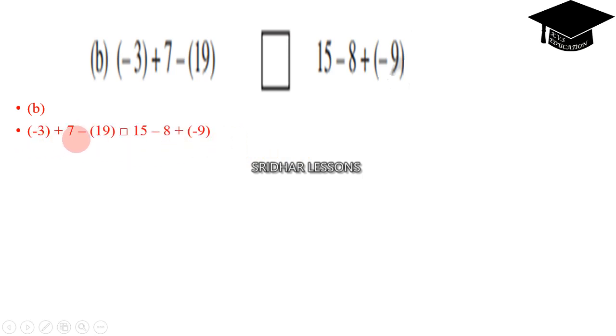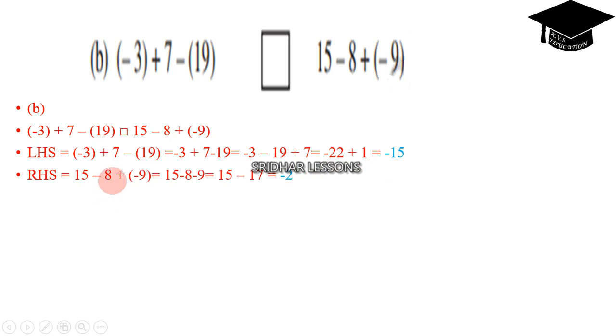Question B. Minus 3 plus 7 minus of 19, blank, 15 minus 8 plus of minus 9. We will take the value of LHS. Minus 3 plus of 7 minus of 19. That means minus 3 minus 19 plus 7. This is equal to minus 22 plus 7, which is the value minus 15.